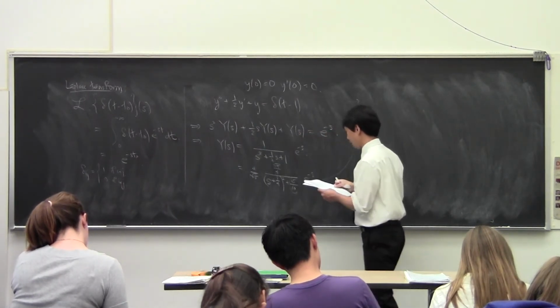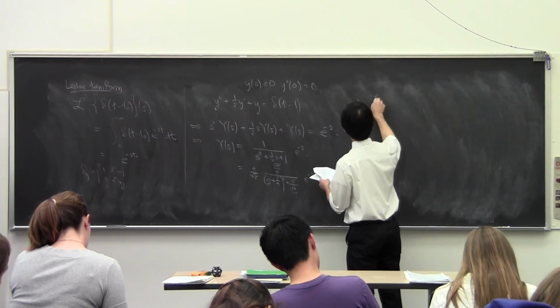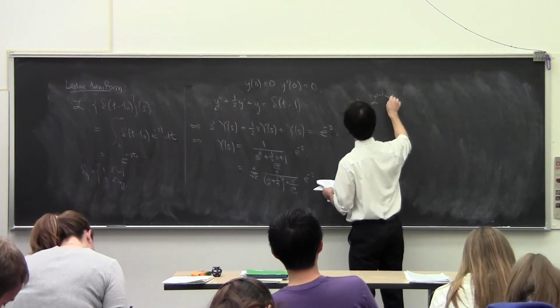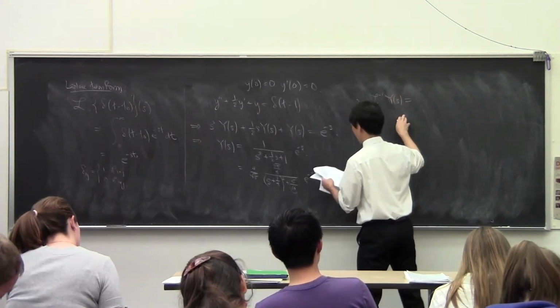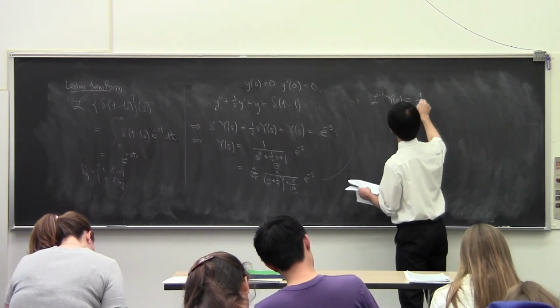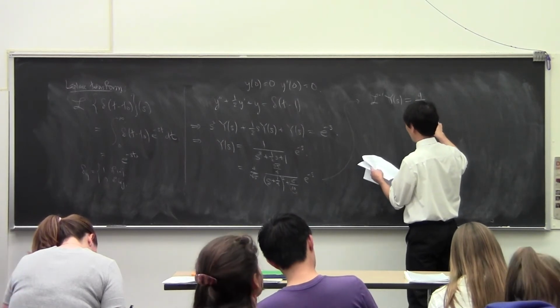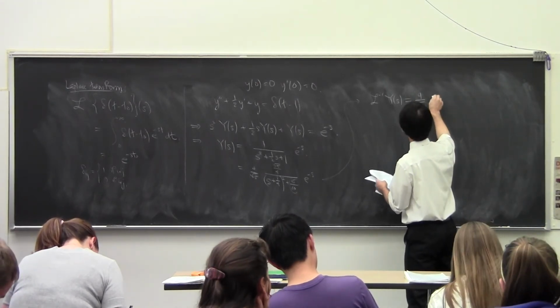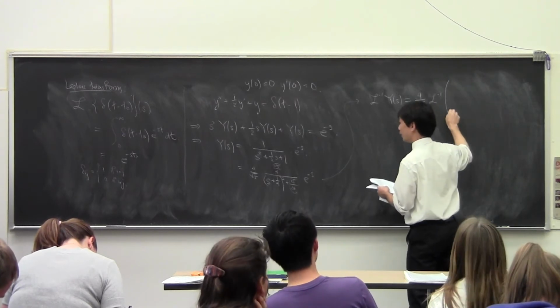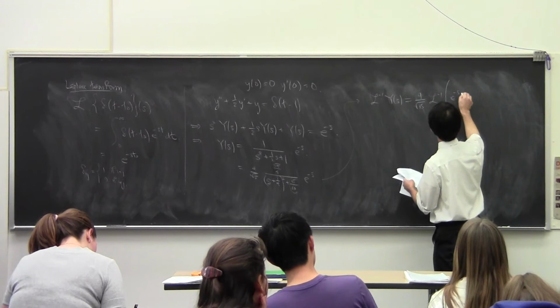Okay. And so the inverse Laplace transform of this then is going to be 4 over root 15 of the inverse Laplace transform of e to the minus s.